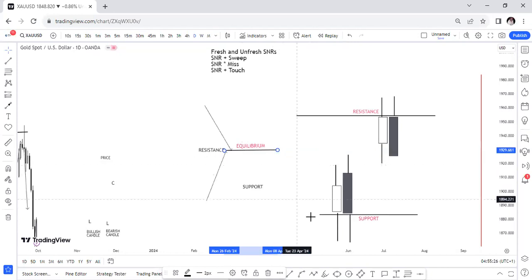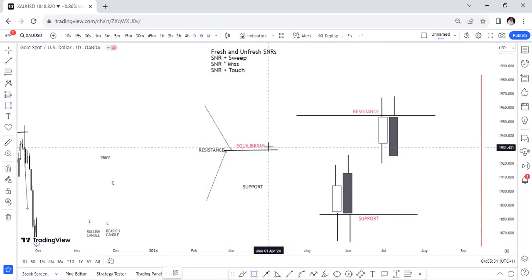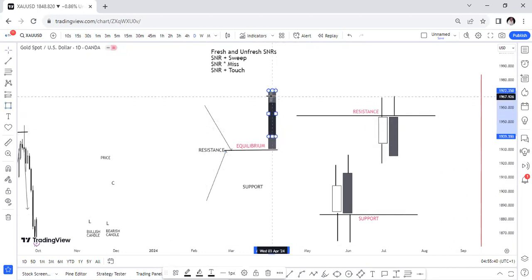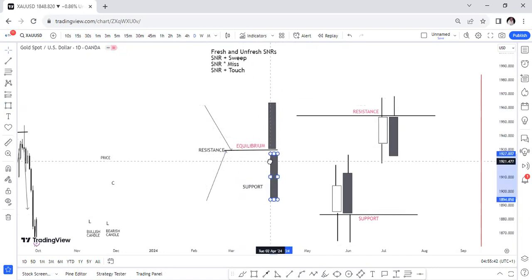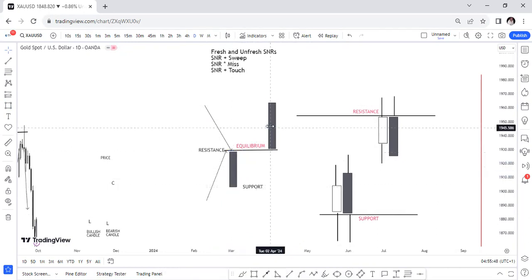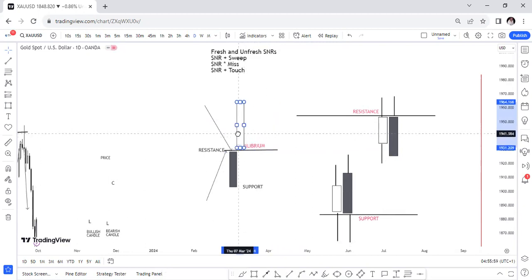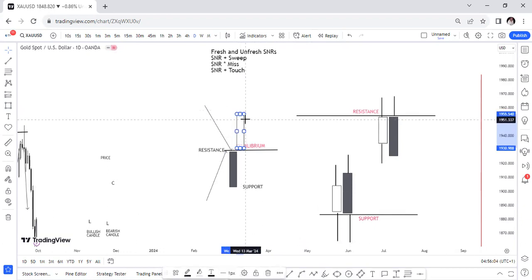So who is willing to take this market now, either above this equilibrium level or below? Whoever is willing to take this market above this equilibrium, if buyers try to push it higher above the equilibrium, the market will follow.